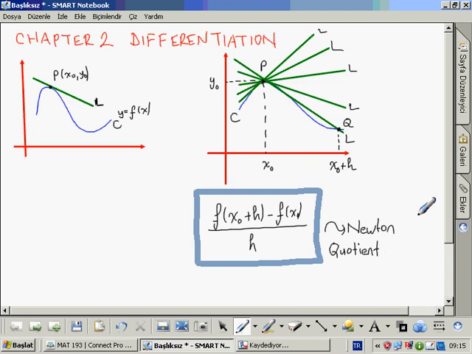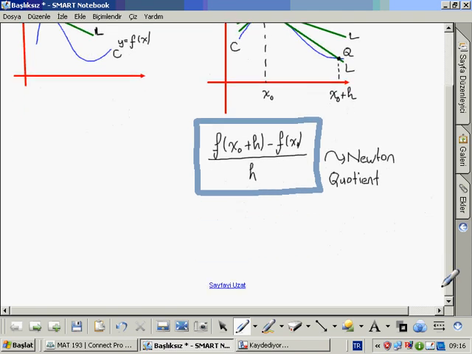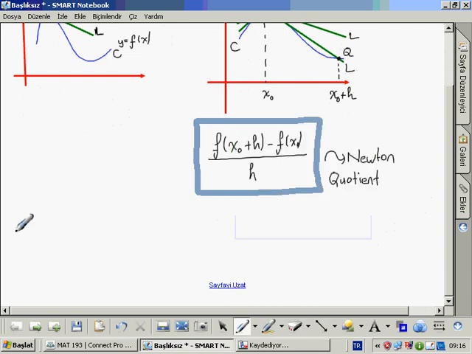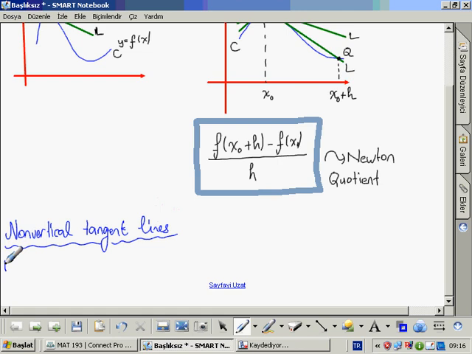Let me give you the non-vertical tangent line definition.